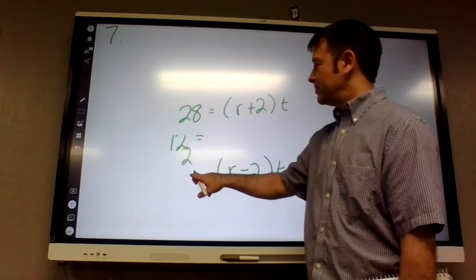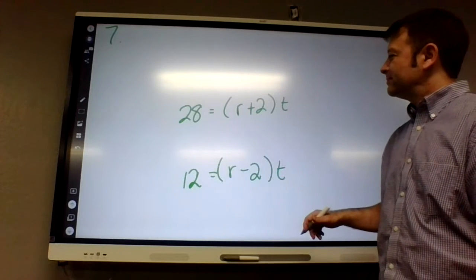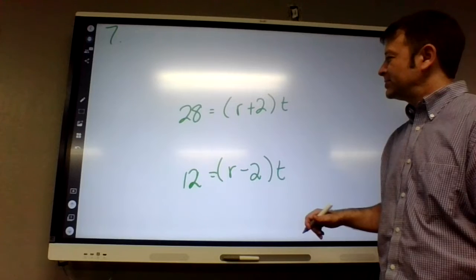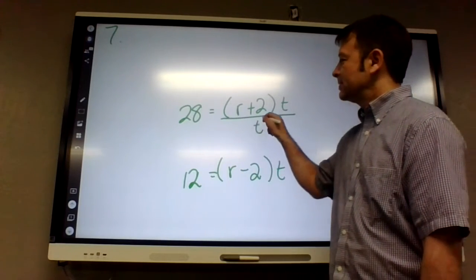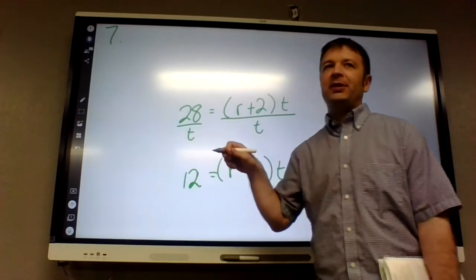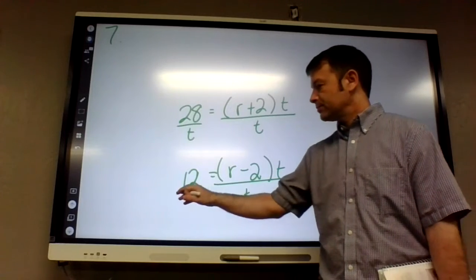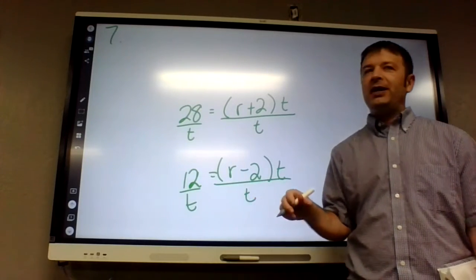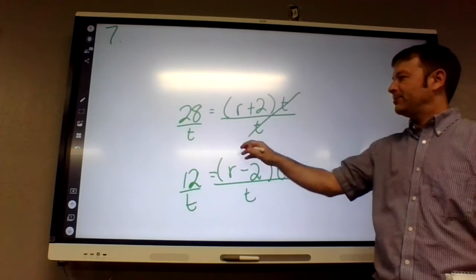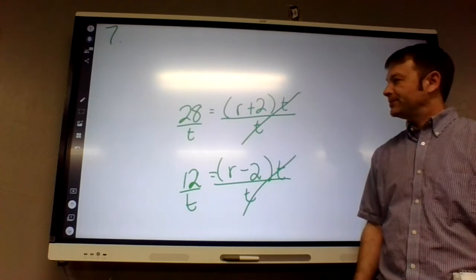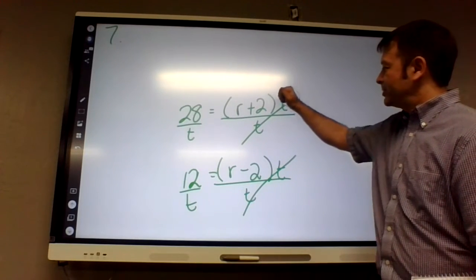I kind of failed to think of an easy way to do this, so I'm just gonna do it the only way that I could think of. Here's what I'm gonna do. I'm gonna divide by T because that gets rid of my T's on the right. I'm kind of curious how the book did this one.